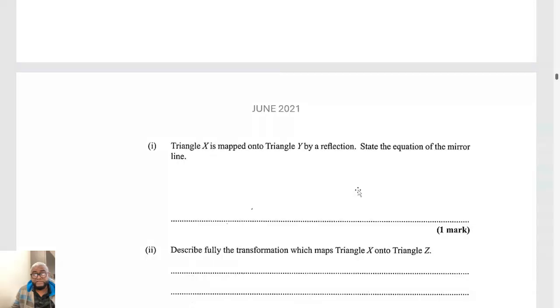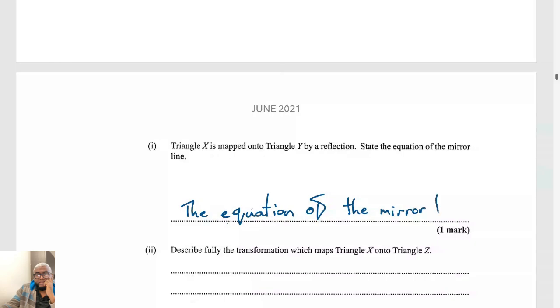So the equation of the mirror line would be y is equal to 0.